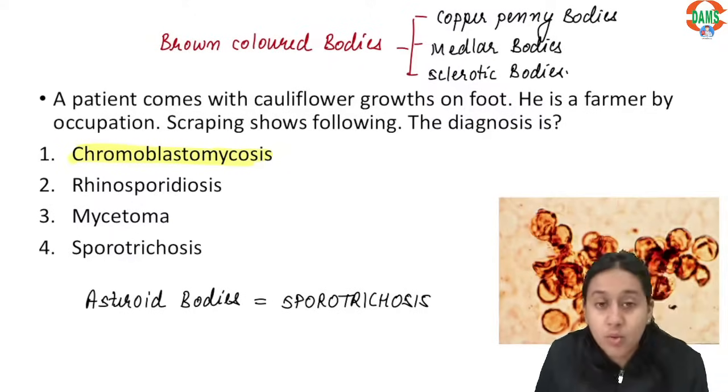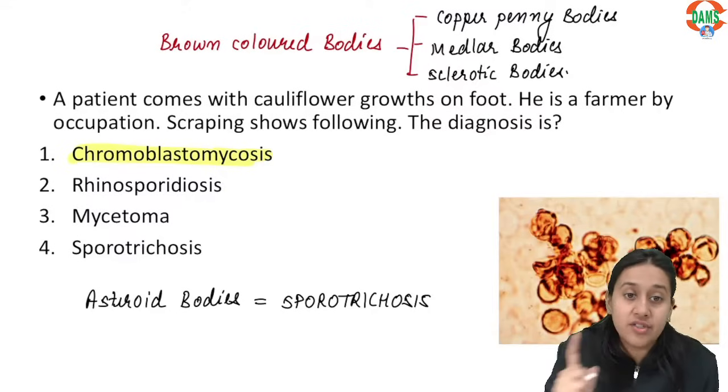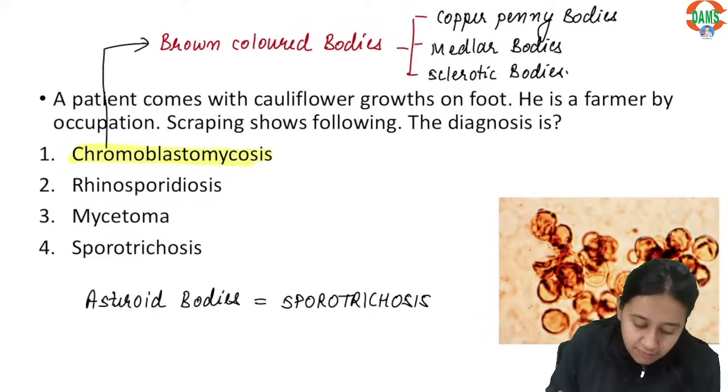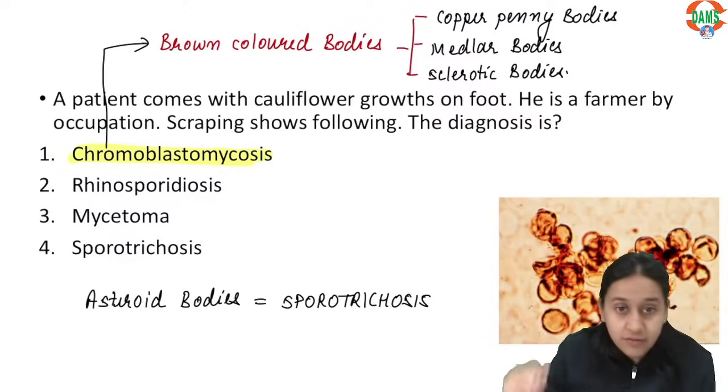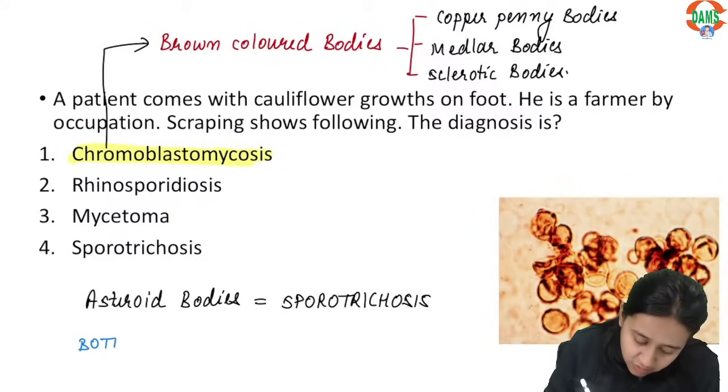The copper penny bodies, medullary and sclerotic, they are the features of chromoblastomycosis, while asteroid bodies is a feature of sporotrichosis.